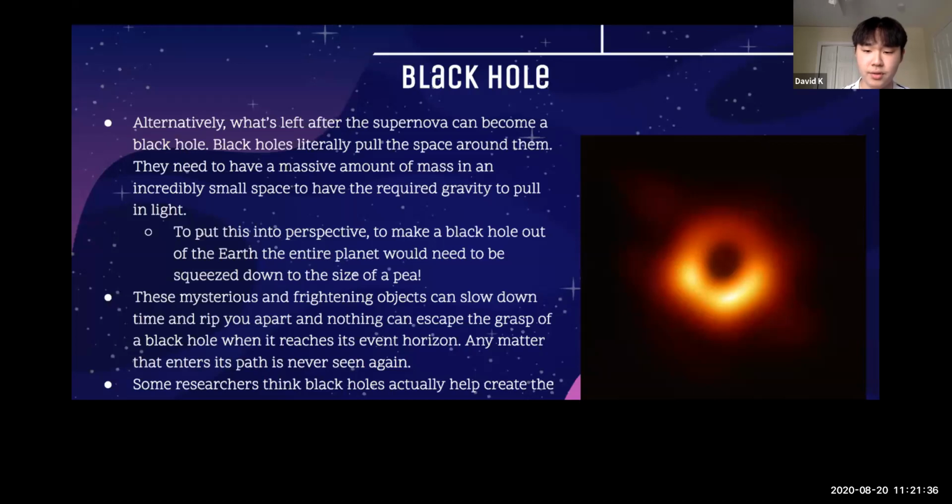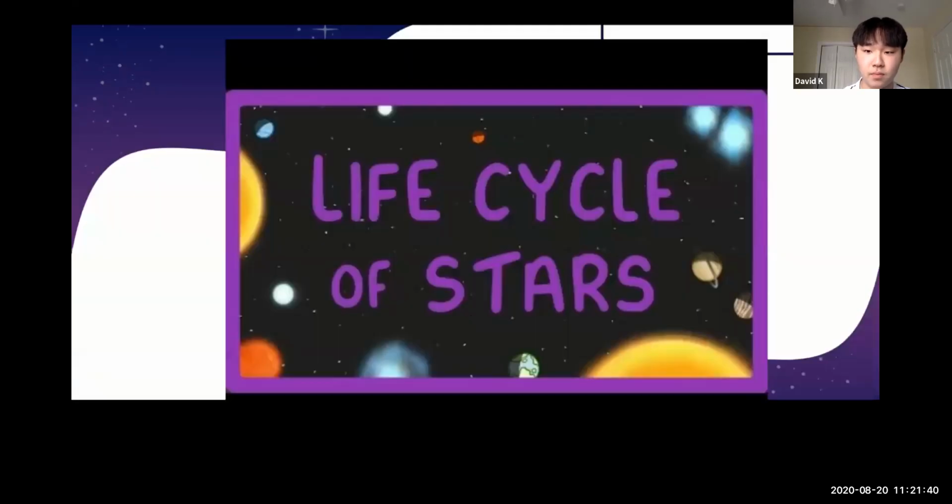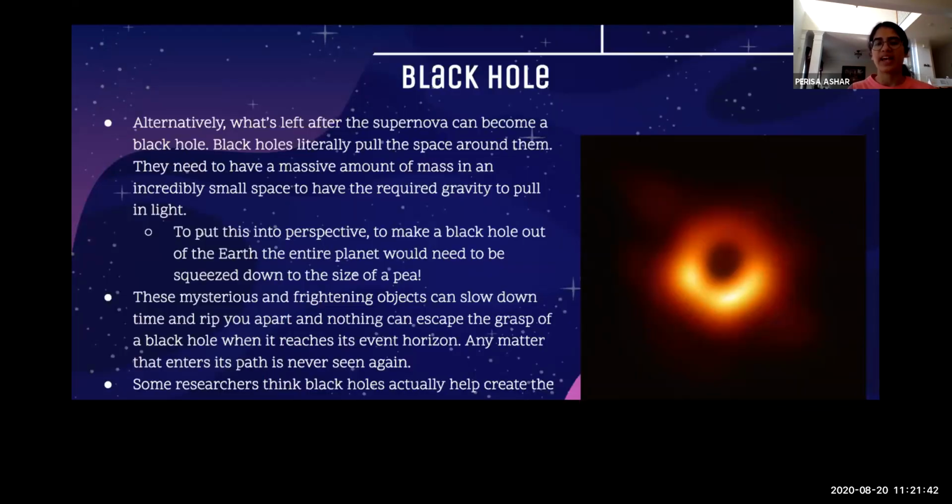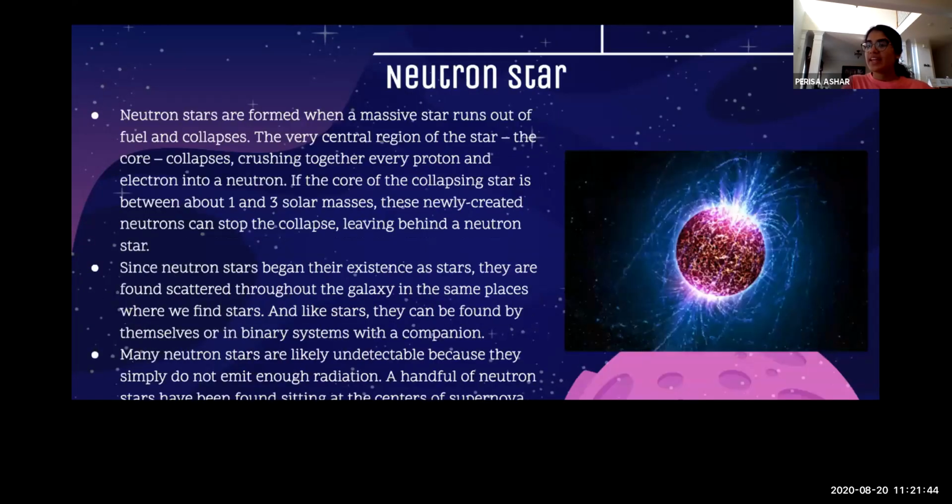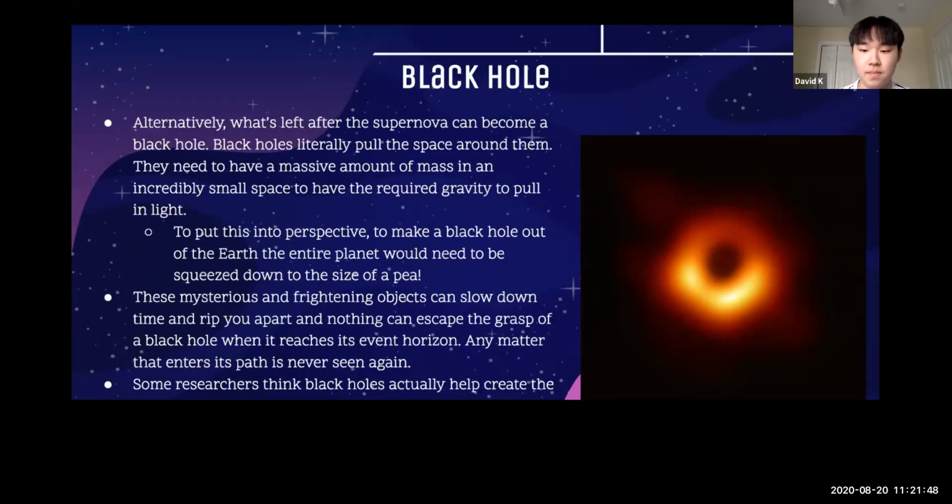And here on the right, we can see a picture of a black hole. If you look at the picture on the right, that is a picture captured just last year by, I think, a graduate student who developed a type of long, extensive code to actually visualize what a black hole looks like.